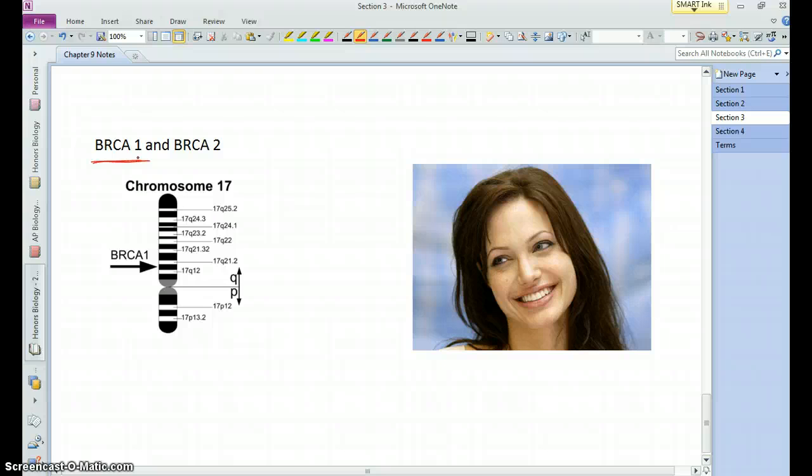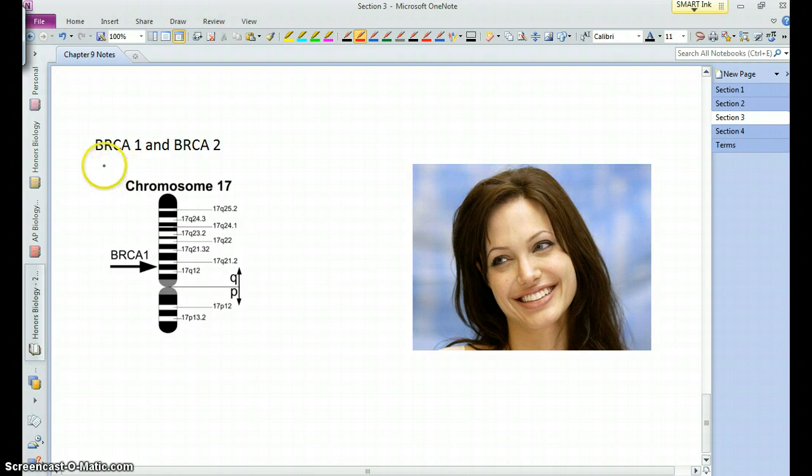She inherited this from her parents, and I believe her mother had breast cancer. So she made the decision to have, I believe, a double mastectomy, which removed the breast tissue and reduced her chances of getting breast cancer significantly.